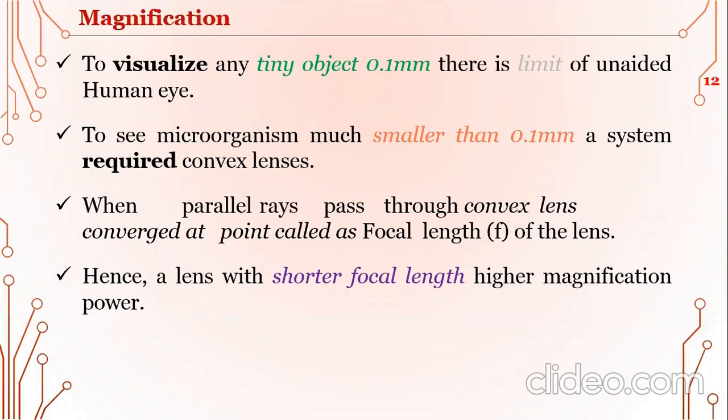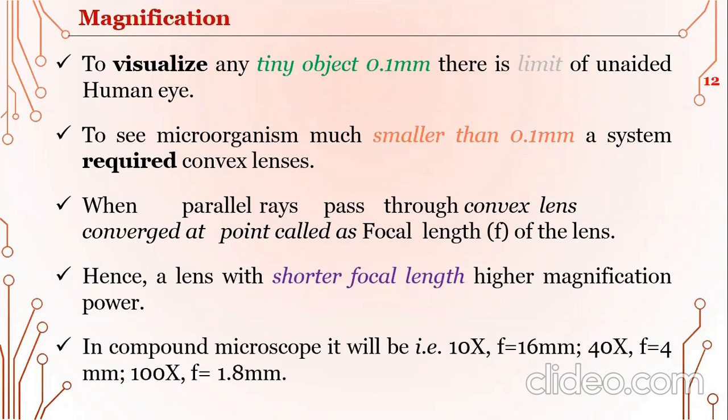Magnification simply means to enlarge an object. In a compound microscope, 10x has focal length f equal to 16 millimeter, 40x has f equal to 4, and 100x has f equal to 1.8. So the lower the focal length, the higher the magnification.